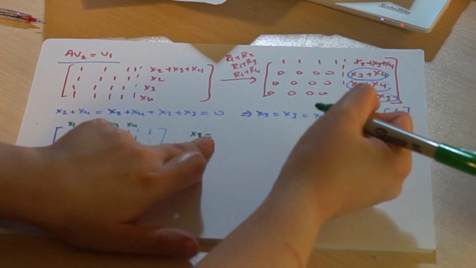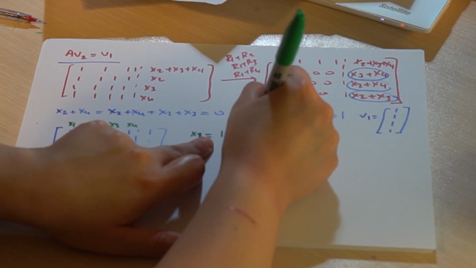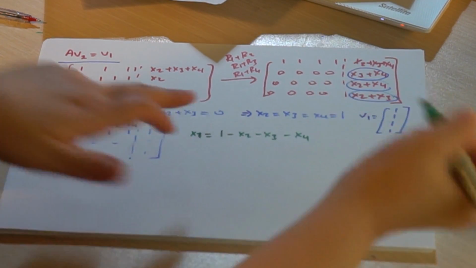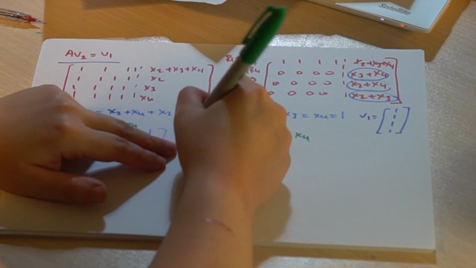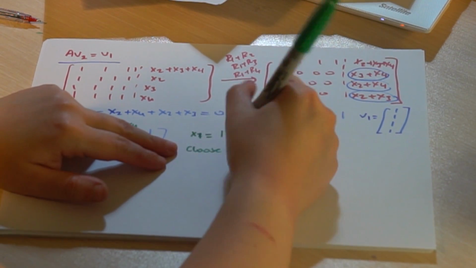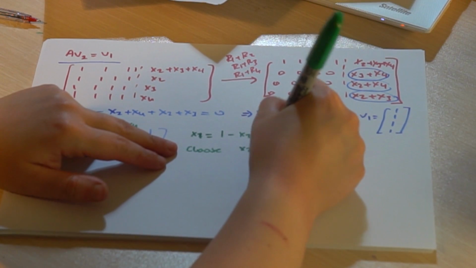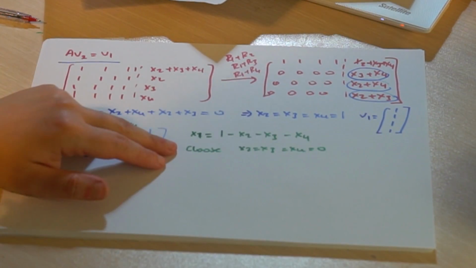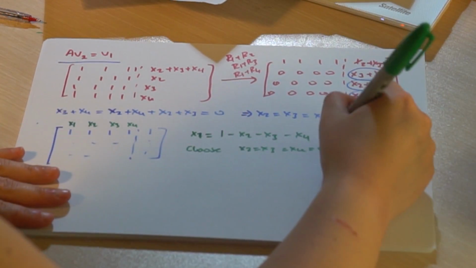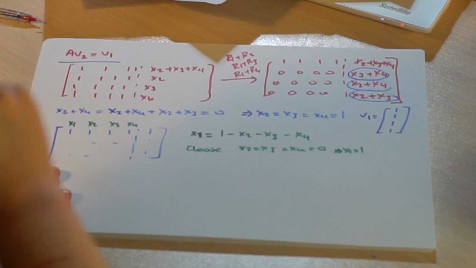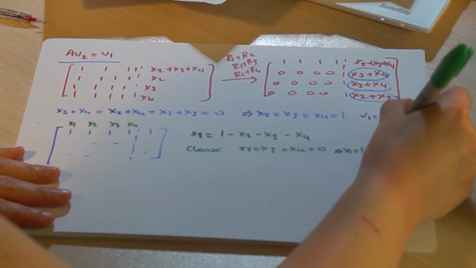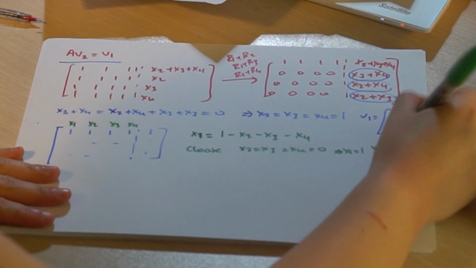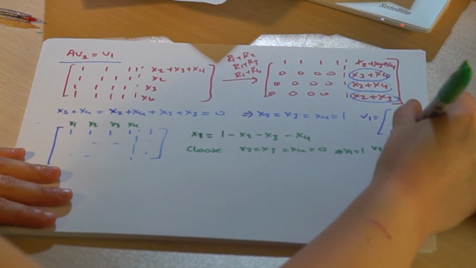So from here x1 will be equal to 1 minus x2 minus x3 minus x4. Let us choose x2, x3, x4 equal to 0. So x1 will be 1. So V2 will be 1, 0, 0, 0.